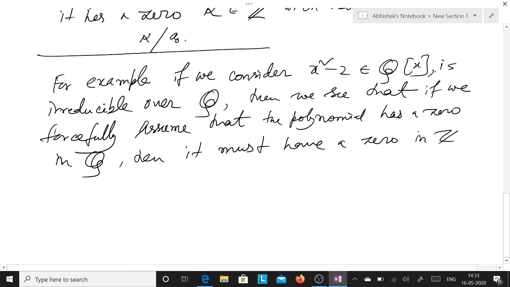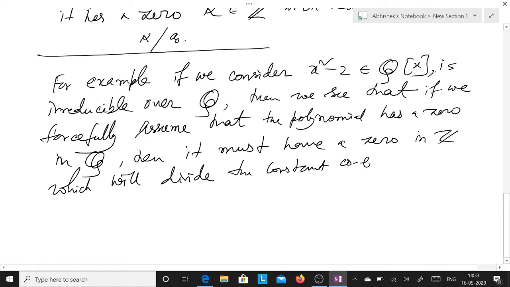And not only that, this 0 will divide the constant coefficient -2.